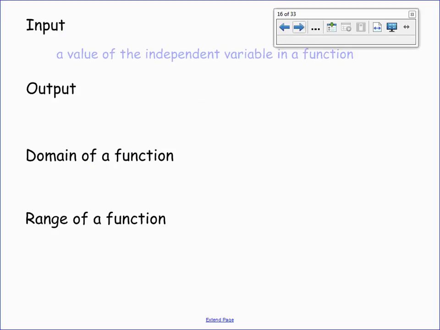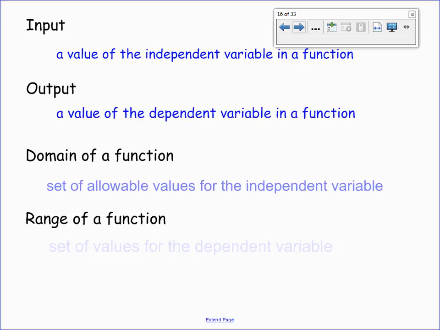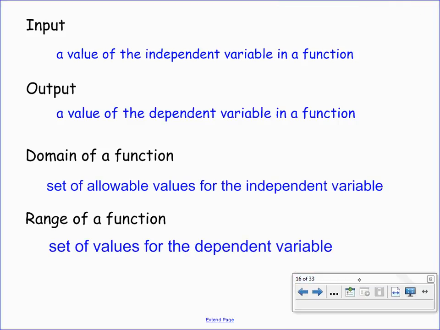Two to go, and then we can start talking about what these mean. Input is the value of the independent variable in a function. It's my first item in the pairing.